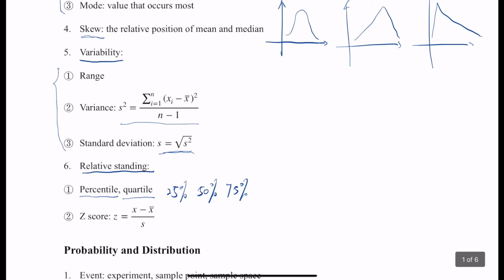These are the measures which we use to describe the relative standing of one number in the whole population.